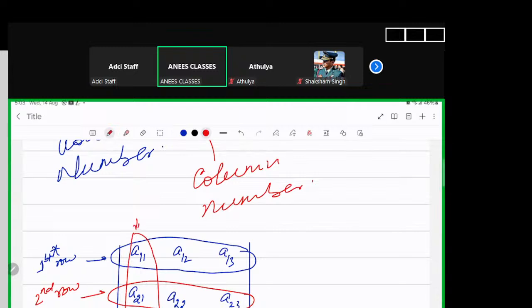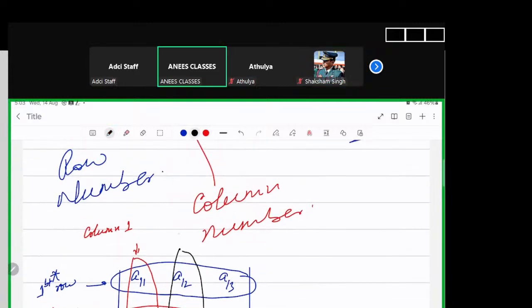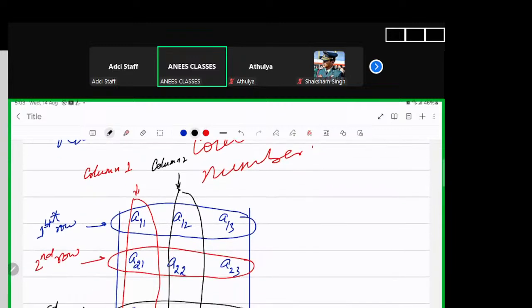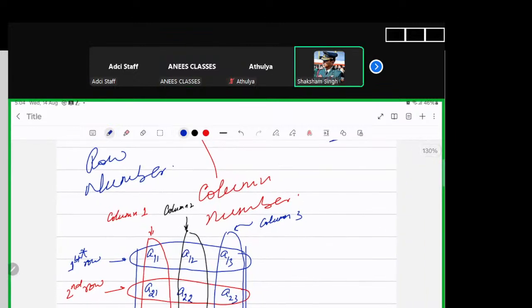Here, rows are counted from left to right, and columns start from top to bottom. Understood? Yes, sir. Column 1. Then column 2. Then column 3. Understood? Yes, sir. Understood.